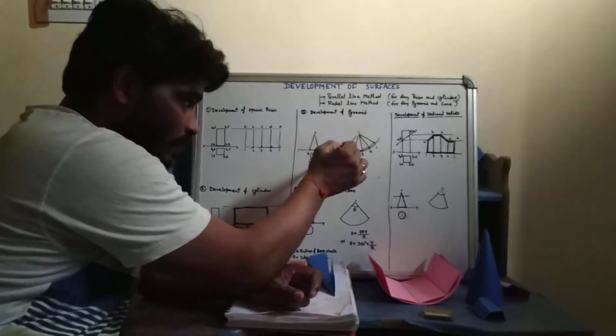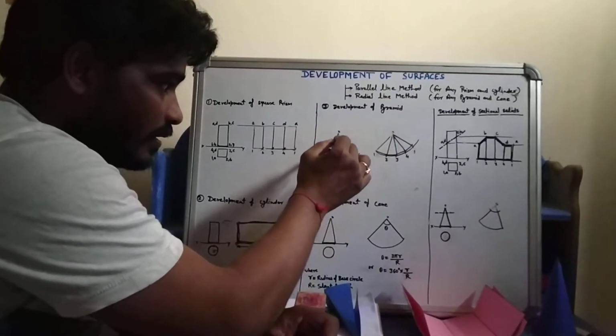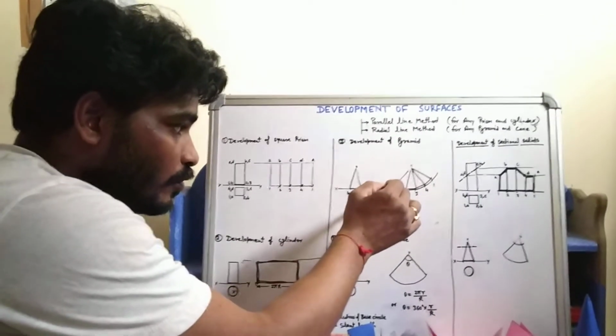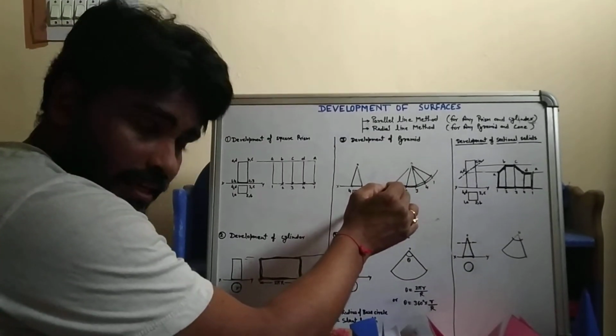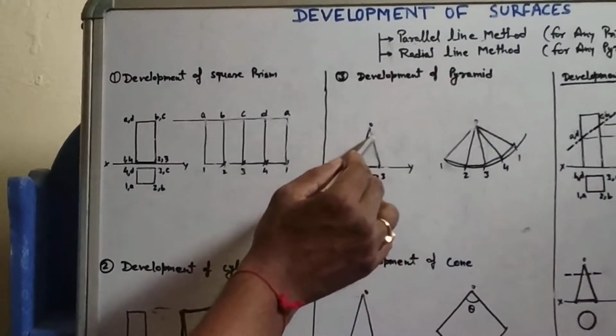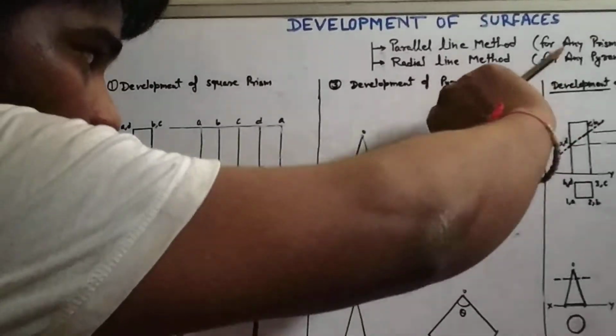Point O to 1 will be equal to this slant length, and O to A will also be equal to the slant length, or slant height. Take it and roughly draw a curve.